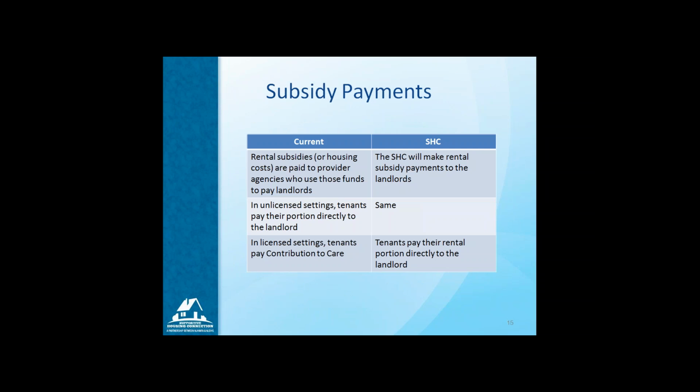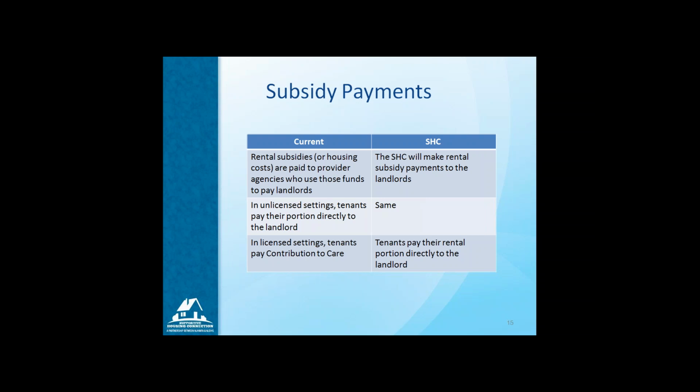In terms of the subsidy payments, currently, rental subsidies or housing costs are paid to provider agencies who use those funds to pay landlords. Moving forward under the SHC, the Supportive Housing Connection will make rental subsidy payments directly to the landlord.